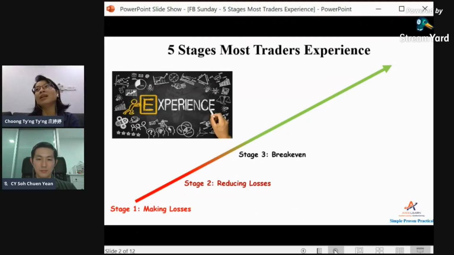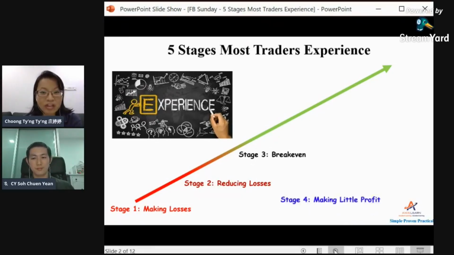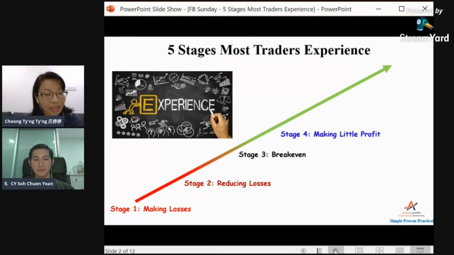Break even means that on some trades you are making a profit, on some trades you are losing money, and net of everything you are not making and not losing either way. The fourth stage is making little profit. You're making profit, but little profit. And the final stage in this discussion is consistent profit. Subsequently, we still have another stage.